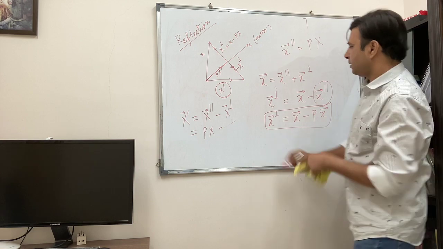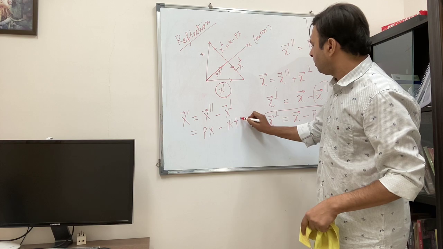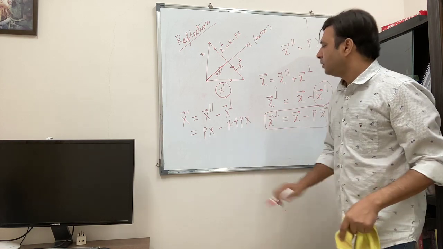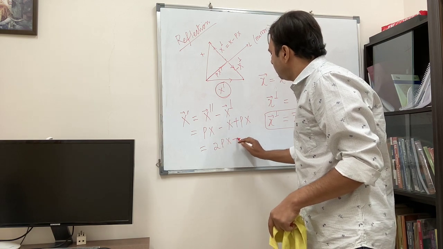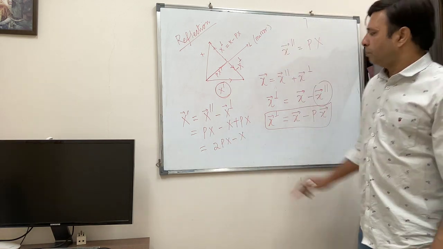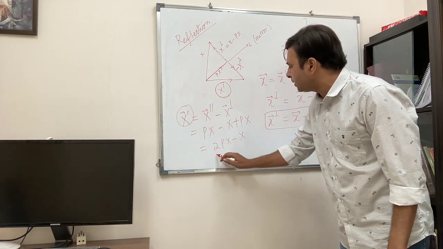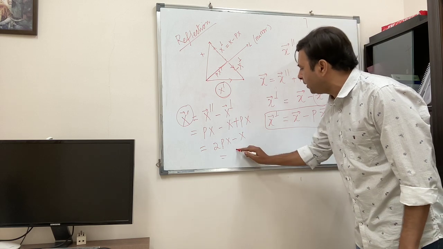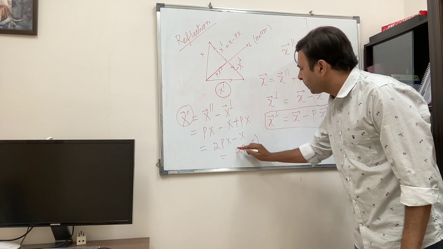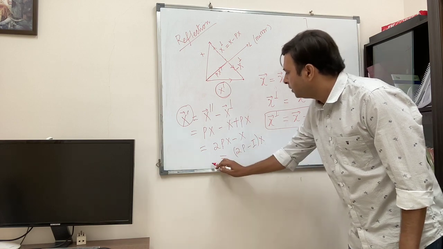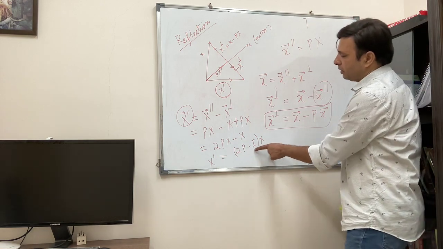So minus and minus will become plus, and I will get 2 times p of x minus x. So p was a projection matrix. If I take x common, it will be 2 times p minus identity, times x. So x dash is nothing but 2 times the projection matrix minus identity, times x.